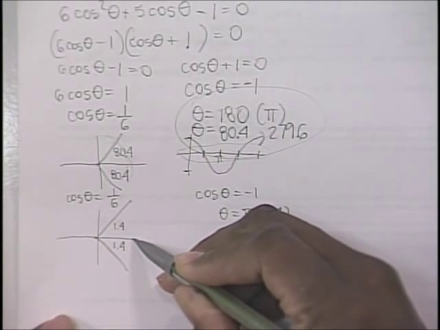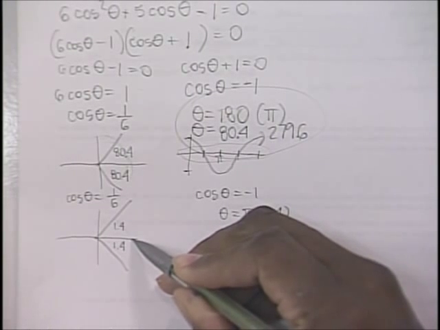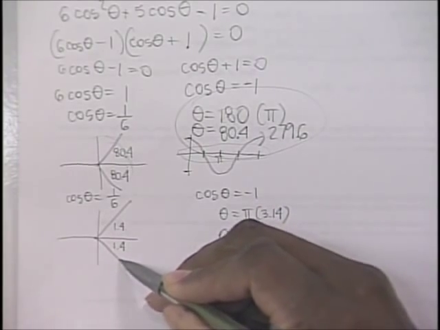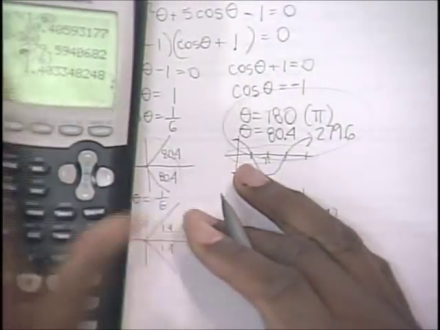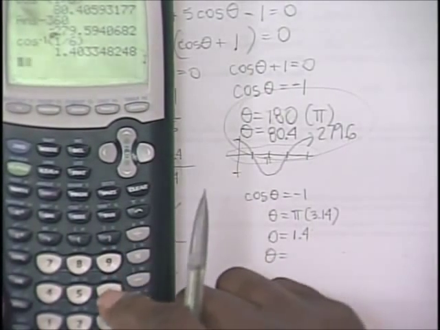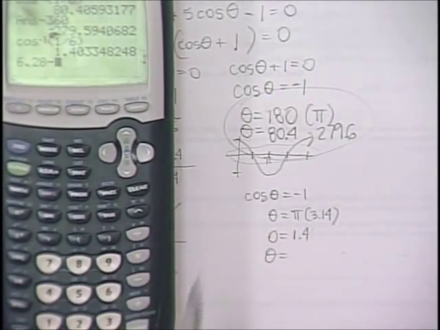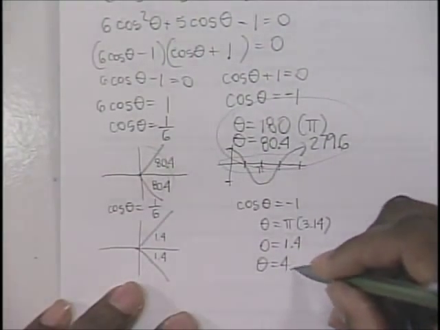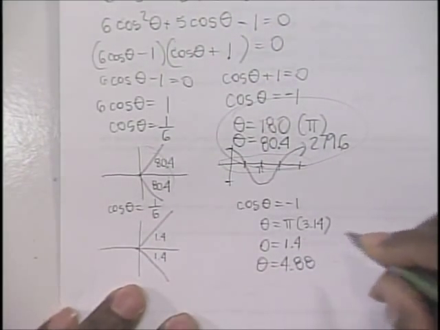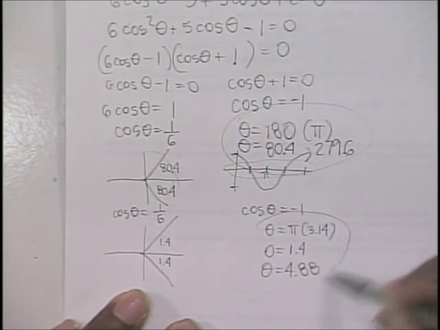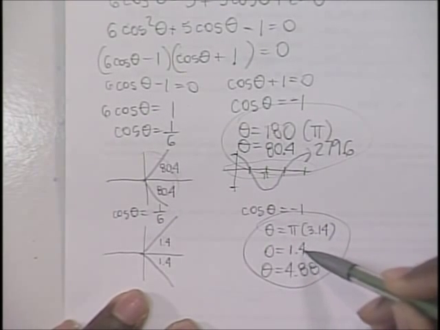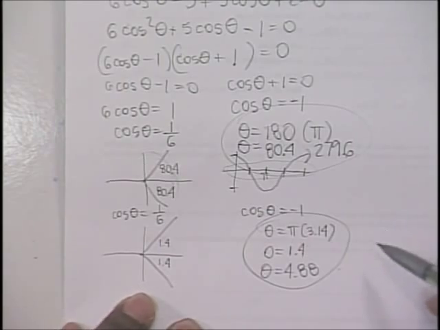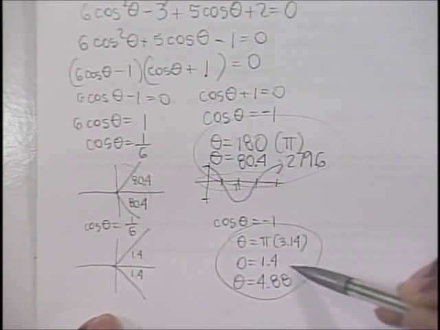So you take 6.28 minus 1.4. Let's do that. 6.28 minus 1.4, and you get 4.88. So these are other answers: 3.14, 1.4, and 4.88. Those are other answers that a textbook might show.